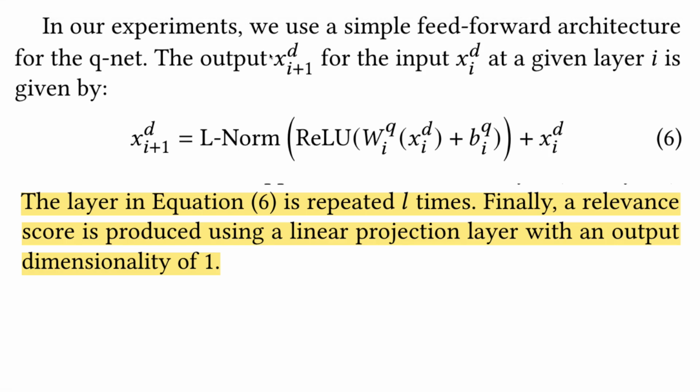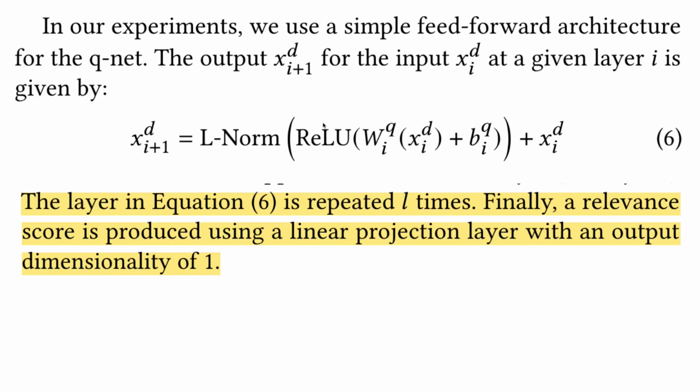The output x i plus 1 for the input x i of the document at a given layer i is given by this equation. In the very first layer, x i d is e d, the document embeddings. That gets multiplied by the weight that the hyperhead layers created given the query tokens. And we add the bias vector that was also created by the hyperhead layers.